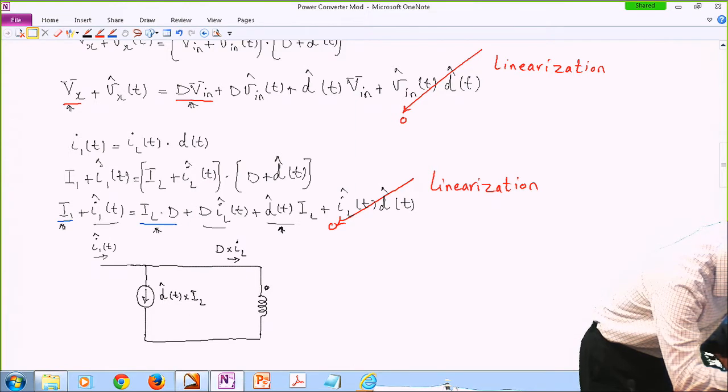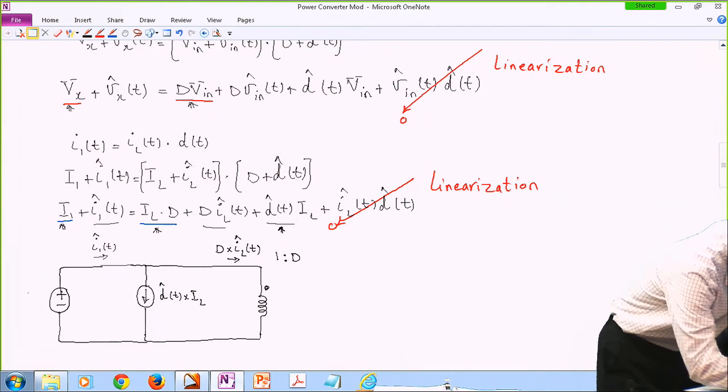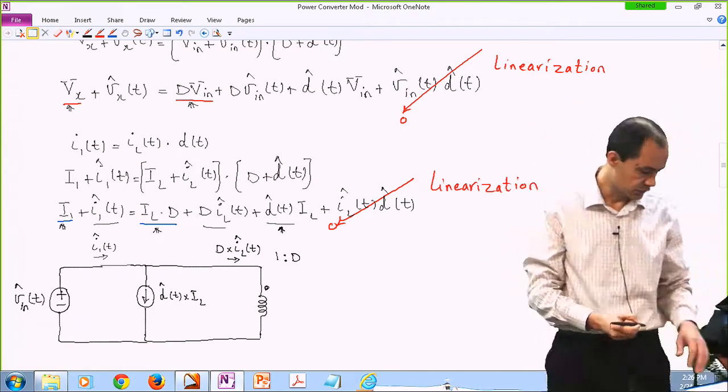All right, this transformer, the turns ratio of the transformer is 1 to D. And on the input side, we have small signal perturbations of the input voltage.